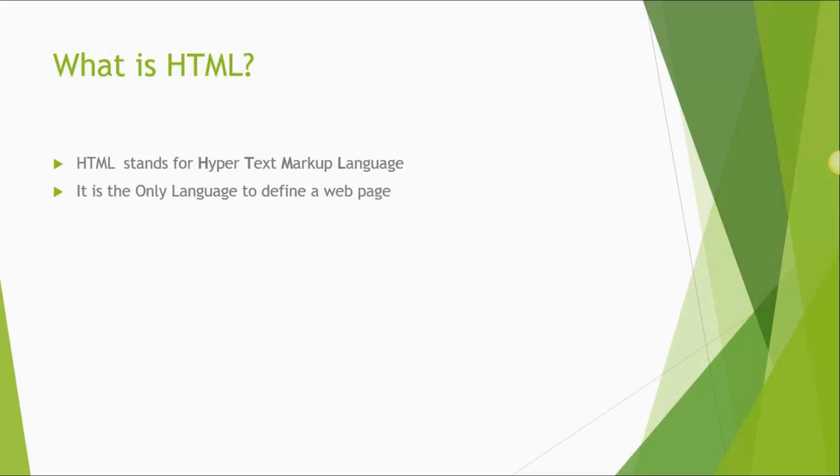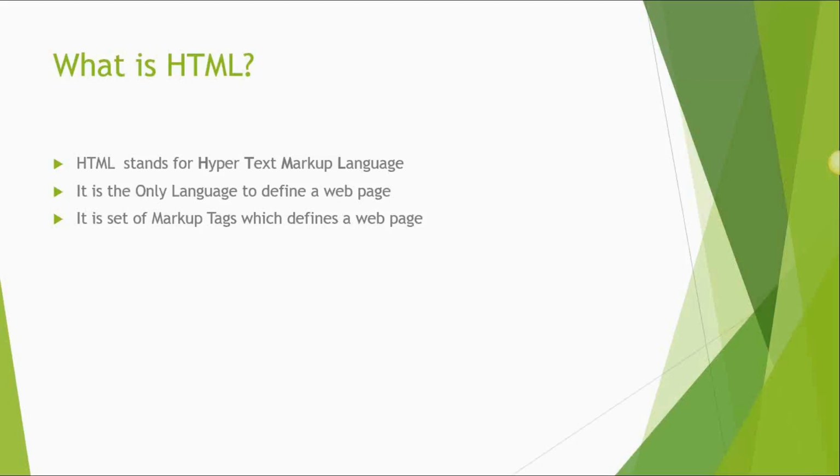There is no other language which defines a web page. It is a set of markup tags. There are many markup tags available in HTML to define a particular type of text or particular type of element to display on a web page.